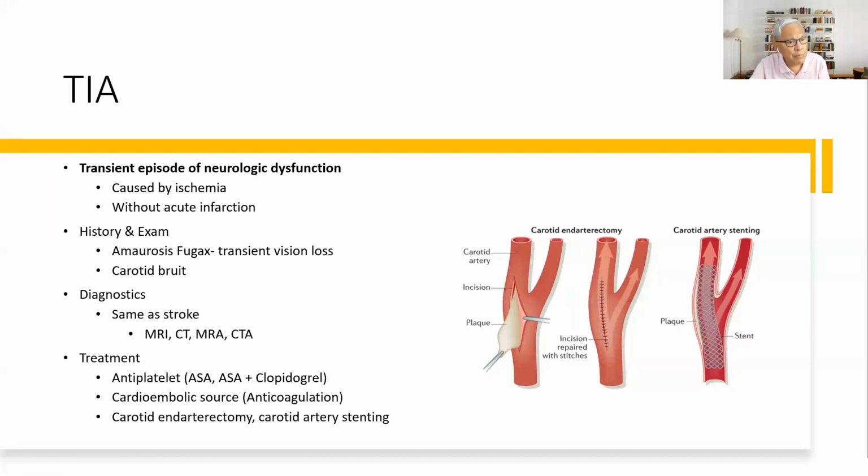So the treatment would be to prevent aggregation of blood, so antiplatelets such as aspirin and clopidogrel usually are given to these patients. And then, of course, if there is going to be a source that is cardiac in origin, for example, if there is a cause like atrial fibrillation, then anticoagulation is going to be in order.